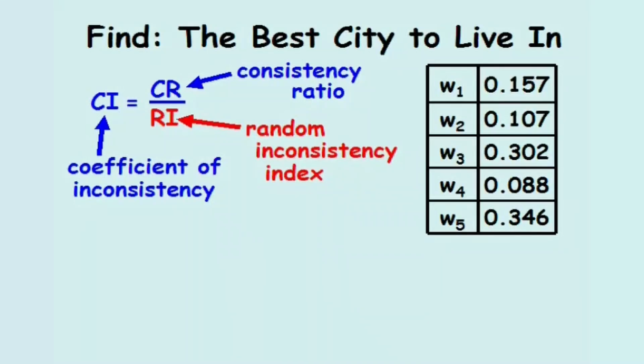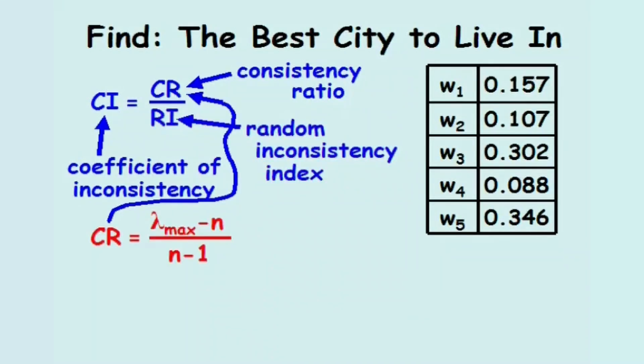The consistency ratio equals the maximum eigenvalue of the 5 criteria minus n, divided by n minus 1, where n is the size of matrix A. So in this case, n equals 5.